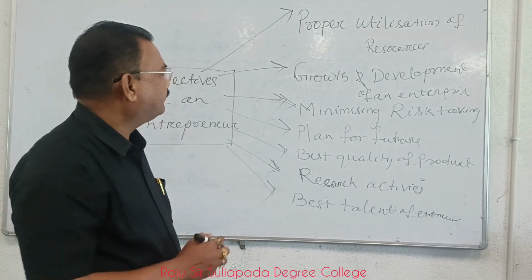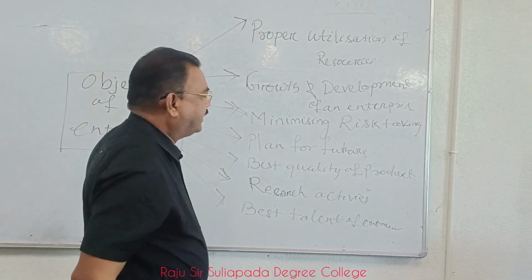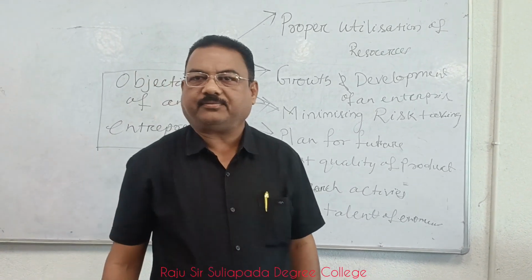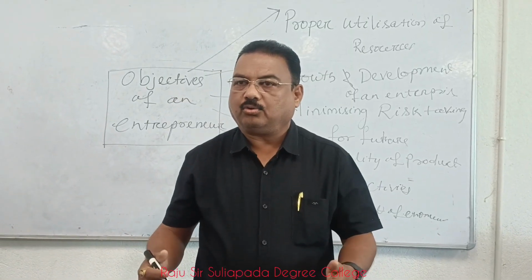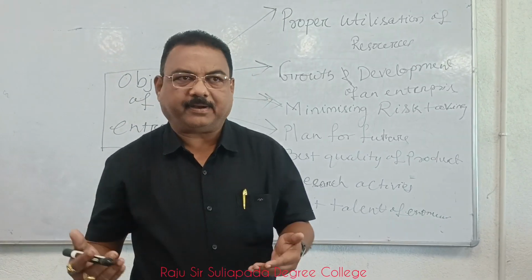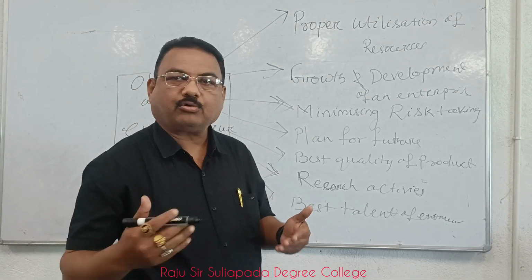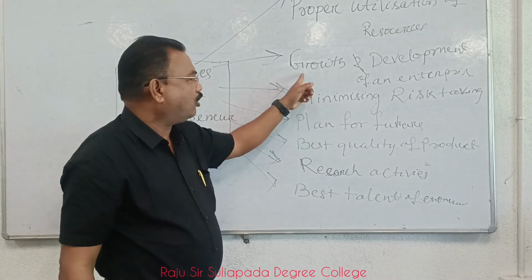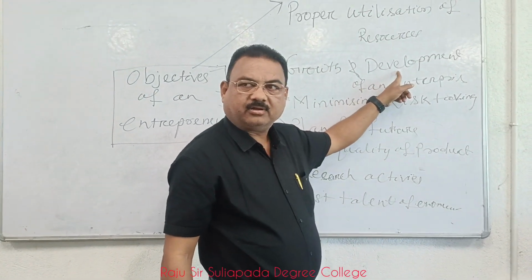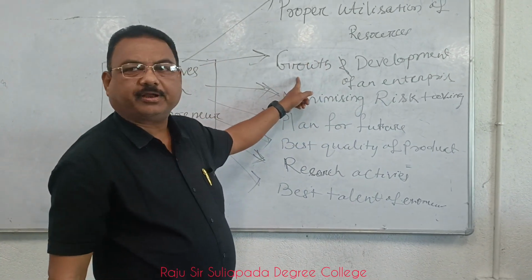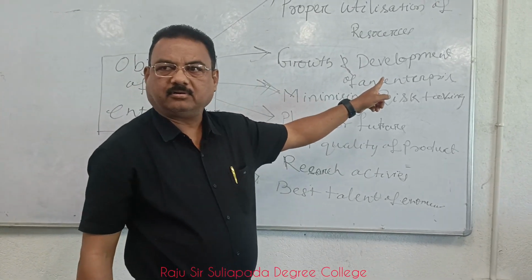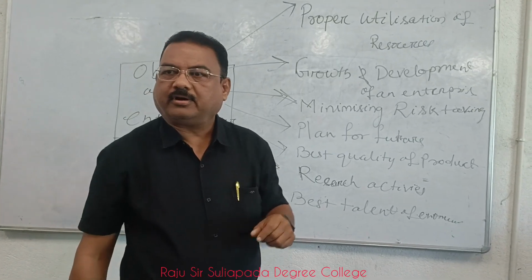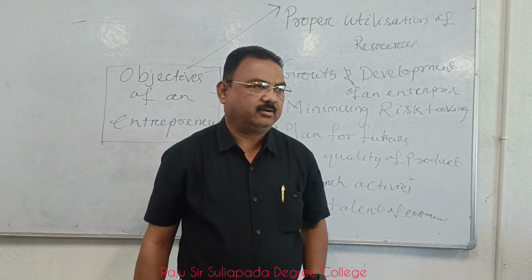Second point is growth and development of an enterprise. Every entrepreneur's objective is how to grow an enterprise or how to develop an enterprise. There is a difference between growth and development. Growth and development depend on the national income of a country.